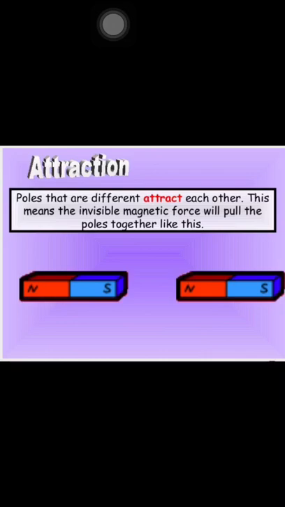If two magnets are brought together, their unlike poles will attract each other, and this is called attraction. Unlike poles here means the north pole and south pole. These are not similar poles, these are different poles. So that's why there is attraction between the north pole and south pole.